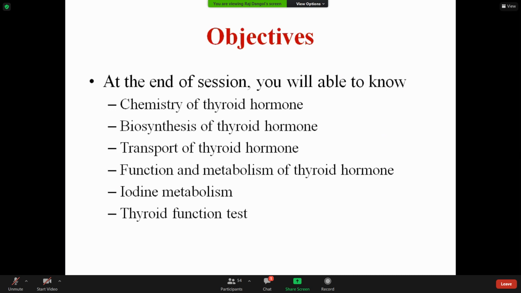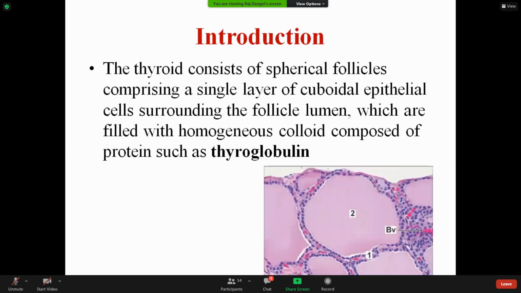So first I will move on to the introduction of this. You all know that the thyroid is the largest endocrine gland of the body, and this thyroid gland consists of a number of spherical follicles.